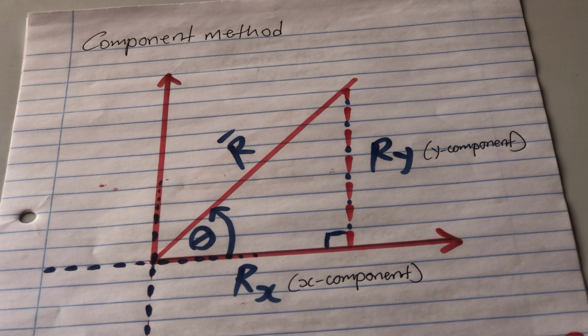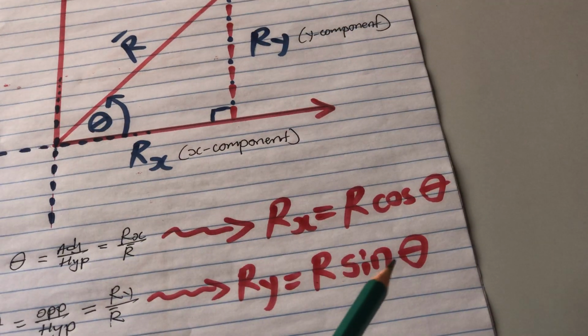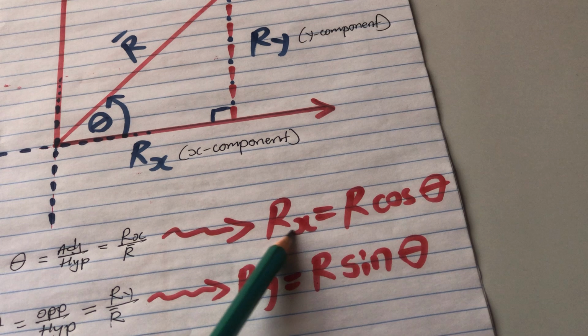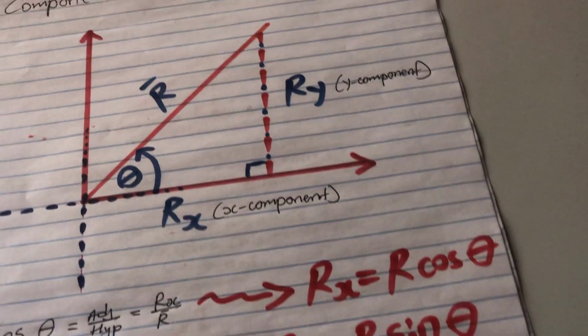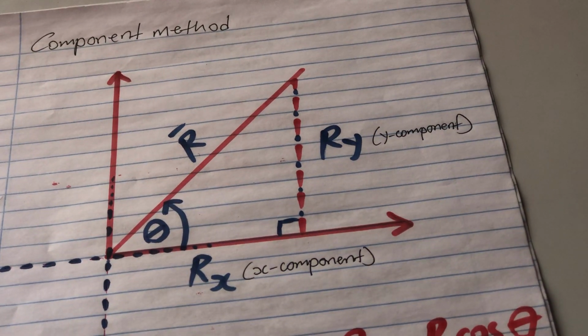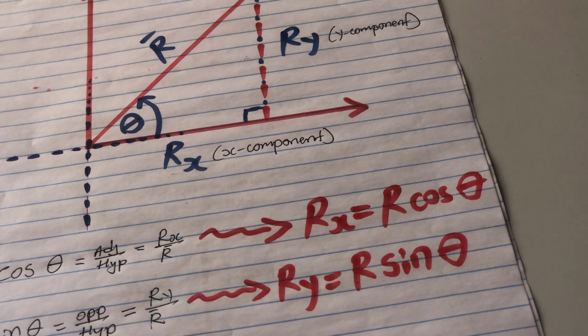So the component method uses the following formulas: Rx equals R cos theta, Ry equals R sin theta. I want to show you how we arrived at these two formulas.